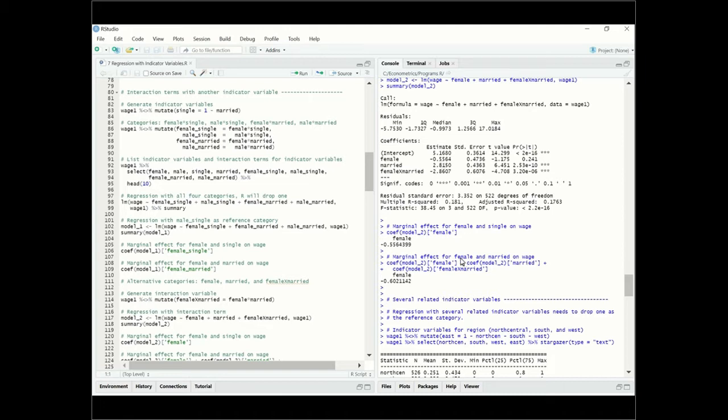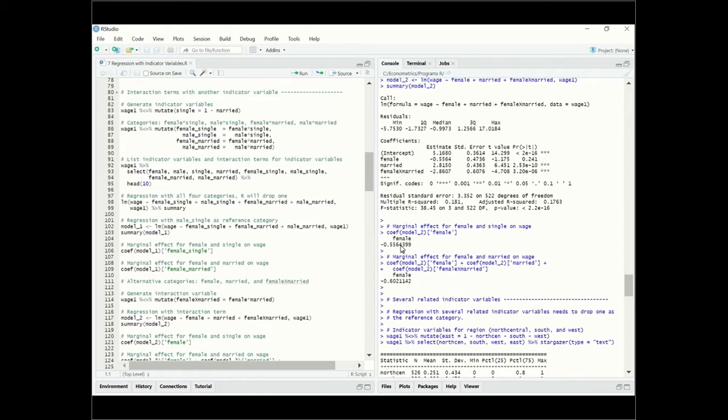Now, the marginal effect for female and married on wage would require us to sum up these three coefficients, because for a person who is female and married, all of these terms would be equal to 1. If we sum all of that up, we get minus 0.60.